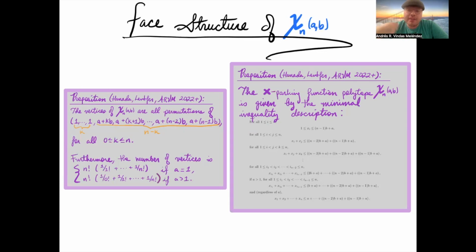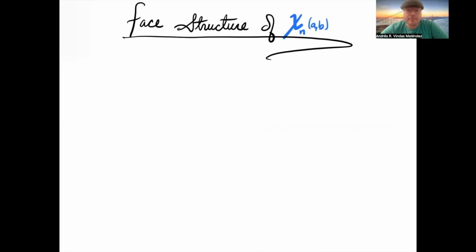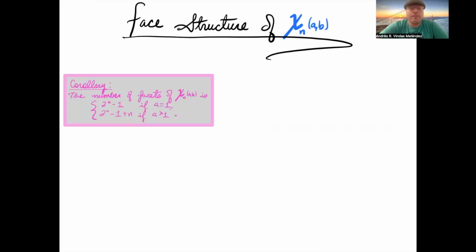In particular, this is a minimal inequality description, meaning none of the inequalities are redundant. As a corollary to the inequality description, we are able to enumerate the number of facets of this polytope, which is given by these two formulas, when a is equal to 1 and when a is greater than 1.